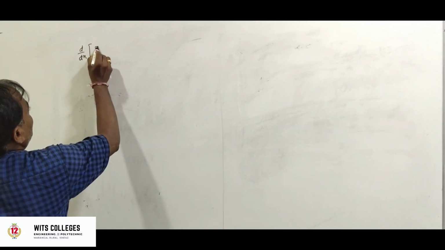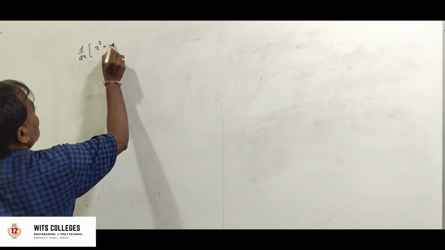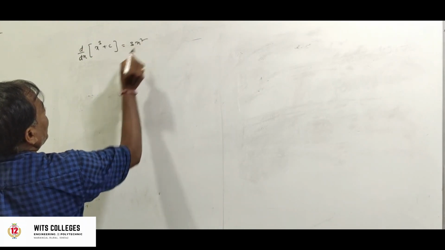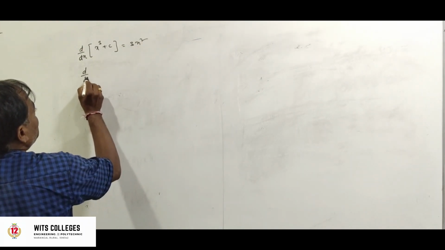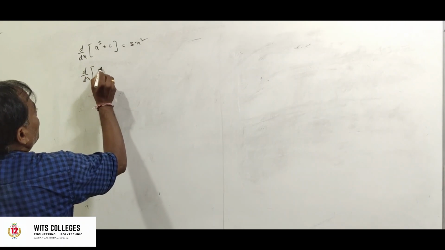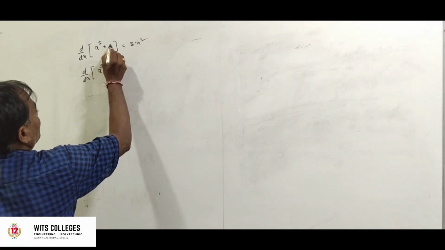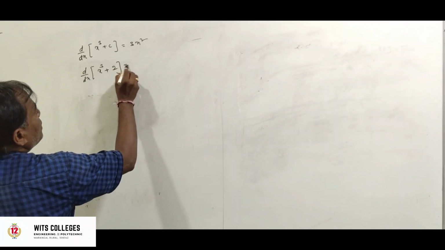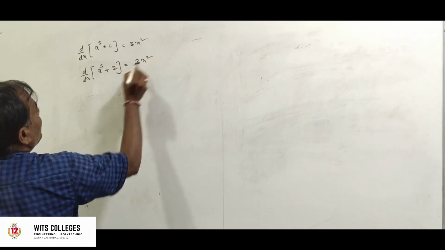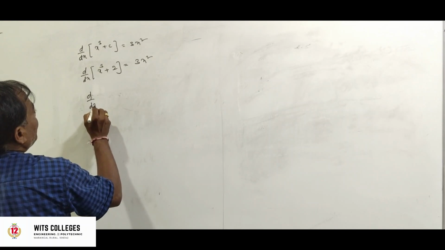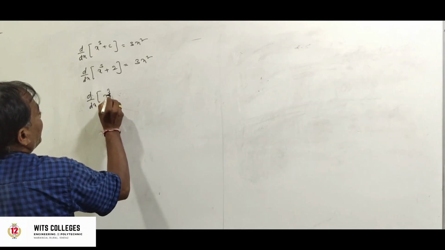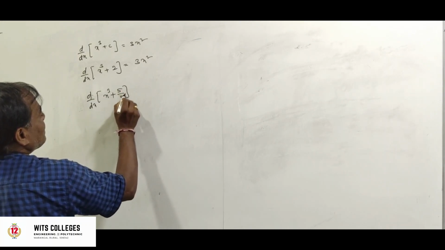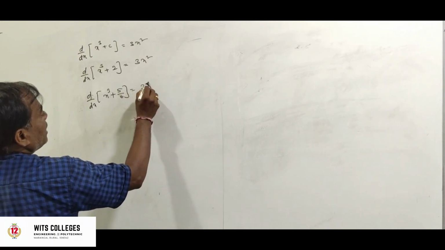The derivative of x cube plus c equals 3x square, the derivative of x cube plus 2 equals 3x square, and the derivative of x cube plus 5 by 6 is also 3x square.